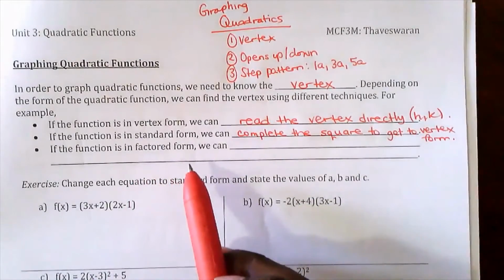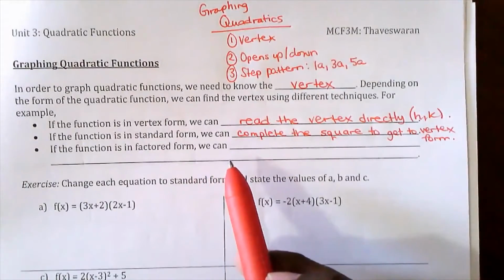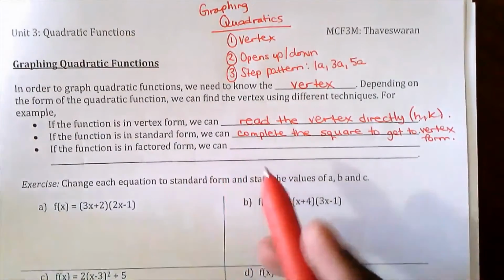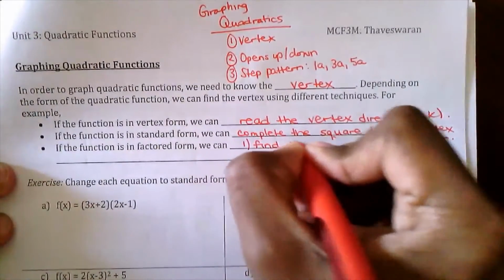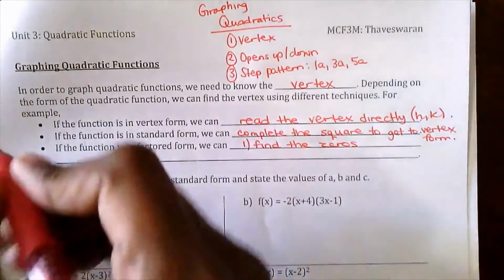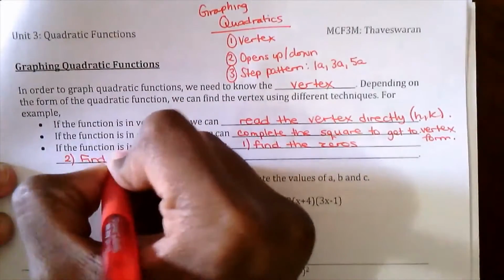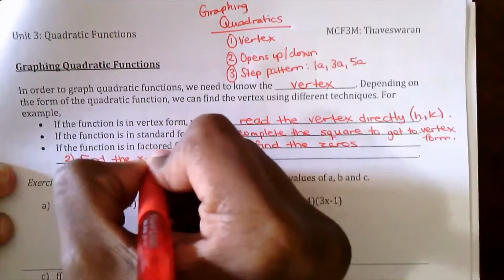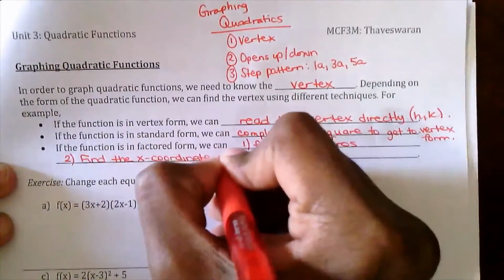If the function is in factored form, we did show you another mechanism that you could use before the break. I just want to review that. So what you need to do is you need to find the zeros. Once you find the zeros, you need to find the x-coordinate of the vertex.